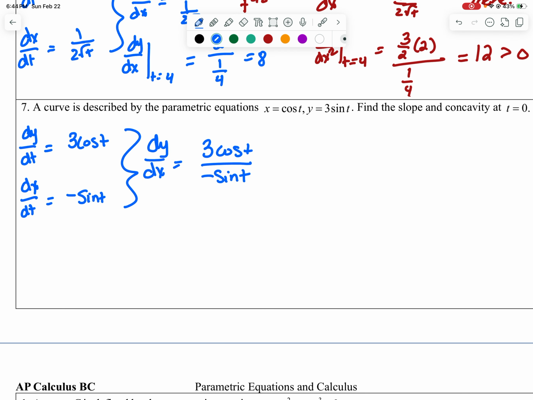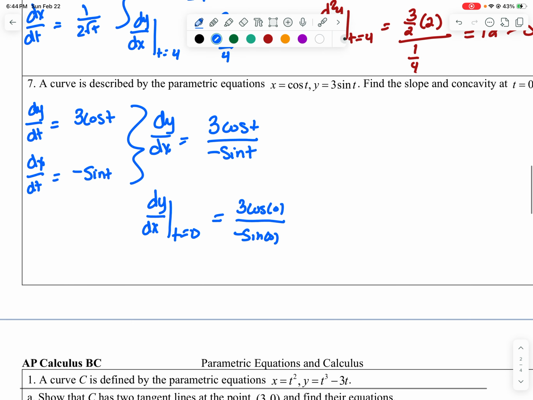Now we want to find the slope at t equals 0, so we want to look at this right here. So then we have 3 cosine of 0, and then negative sine of 0, which, plot twist, is going to be 3 over 0. So this tells me that we are undefined.